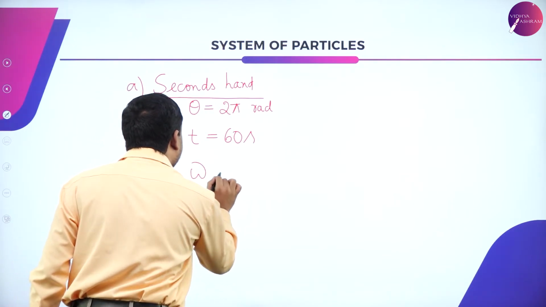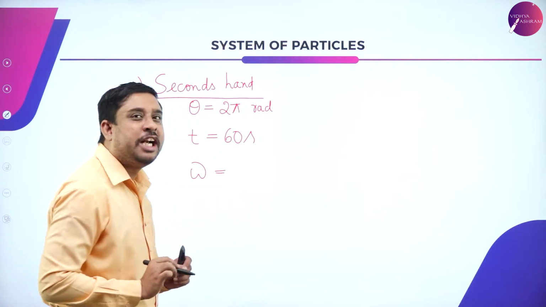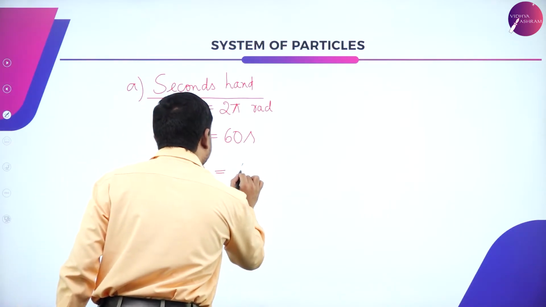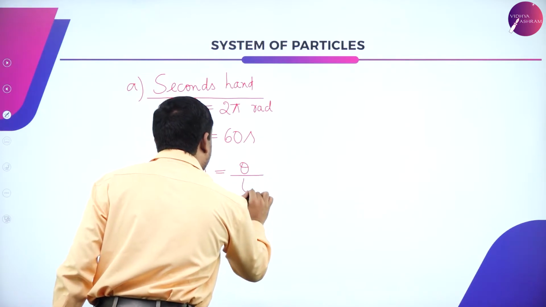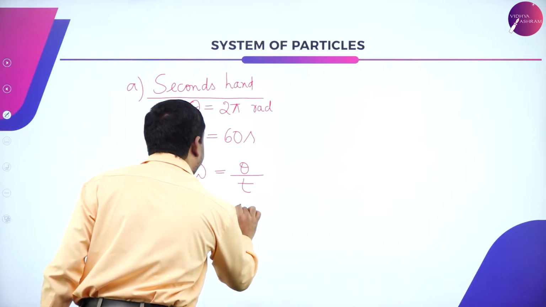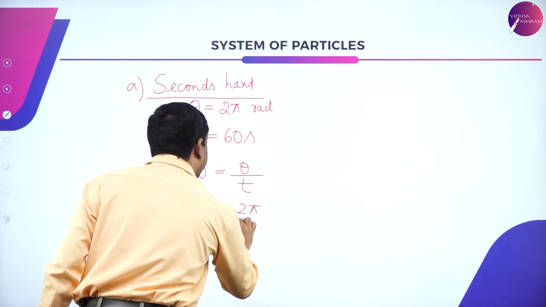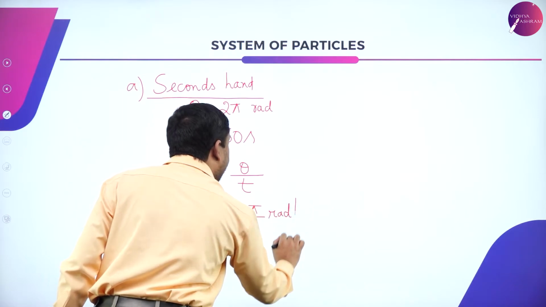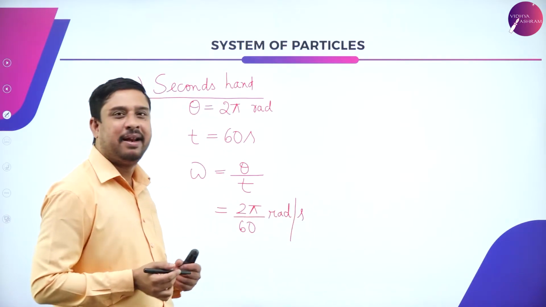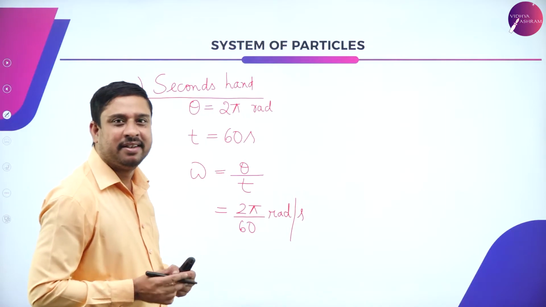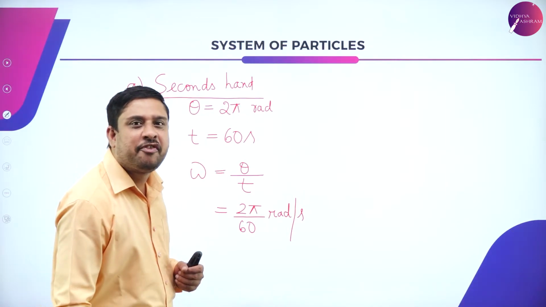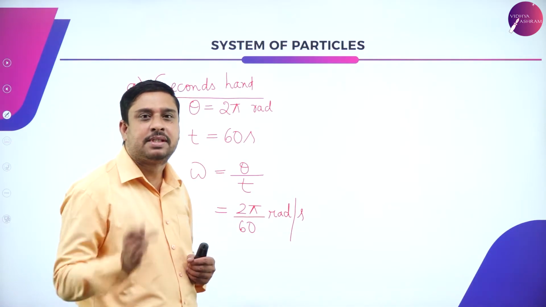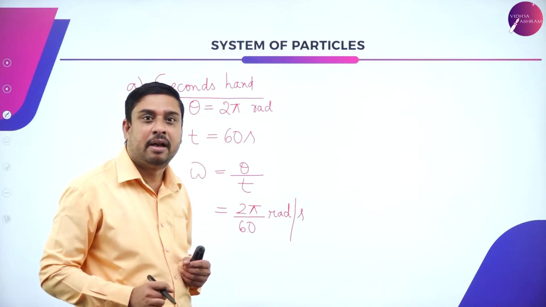So what is omega, students? How did we define angular velocity? It is nothing but angular displacement by time, 2 pi by 60 radian per second. See, very simple. That is what I told. If I know a few expressions here, solving becomes very, very simple.